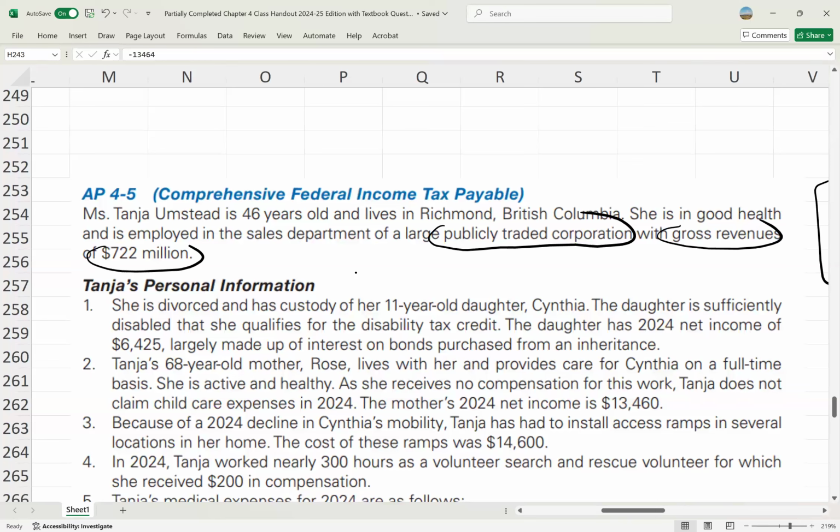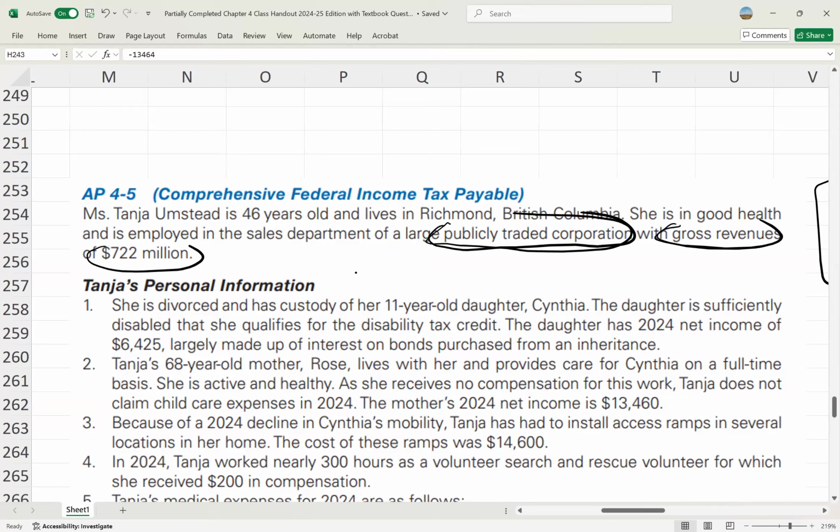So one thing I always tell students that are entering their third and fourth year, when you're reading a question, always pay attention to the facts that are given to you so that you can tie it into where it needs to go on your template, but also it might help solve some of the calculations later on as well. So we have this large publicly traded corporation that is her employer, and that corporation, her employer, has gross revenues of 722 million.